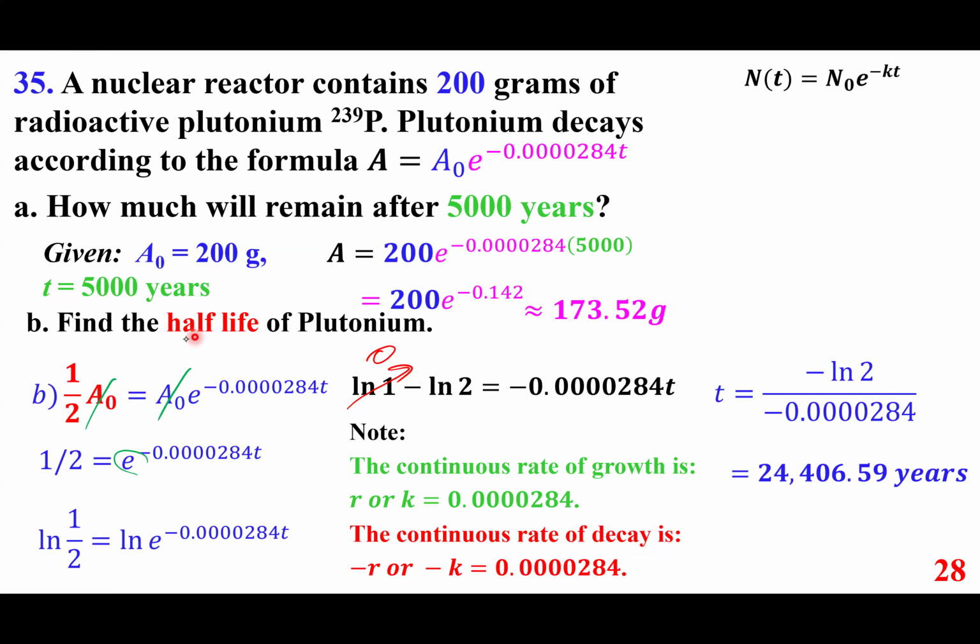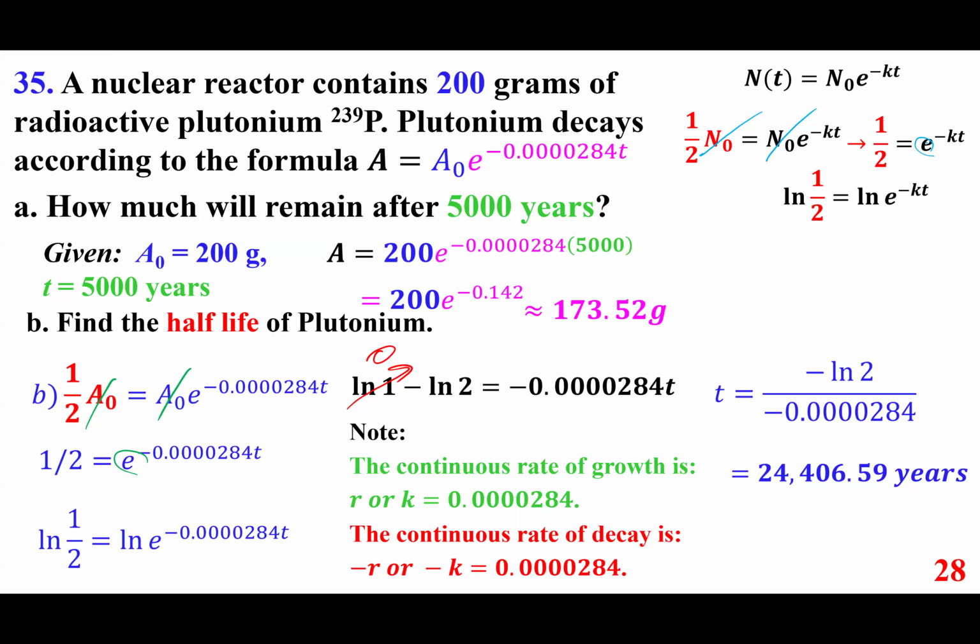Also, I want to look at the half-life in general. If you want to calculate the half-life, the left side, N of t, becomes half of N sub 0. You can drop N sub 0. And that's the point, that you really don't need to know the initial value, in this case, 200 grams. Now you take the natural log because the base is e here.